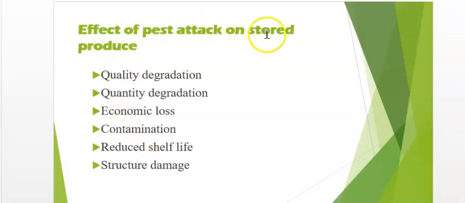Effects of pest attack on stored produce. 1, we have the quality degradation. 2, we have the quantity degradation. 3, we have the economic loss. 4, we have contamination. 5, we have reduced shelf life. 6, we have structure damage.